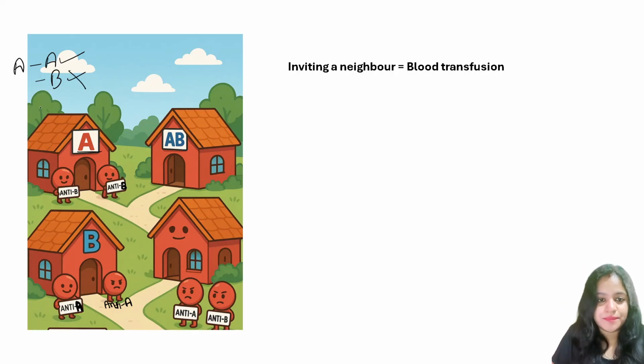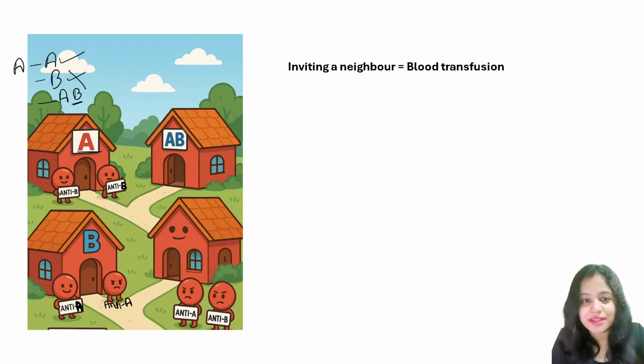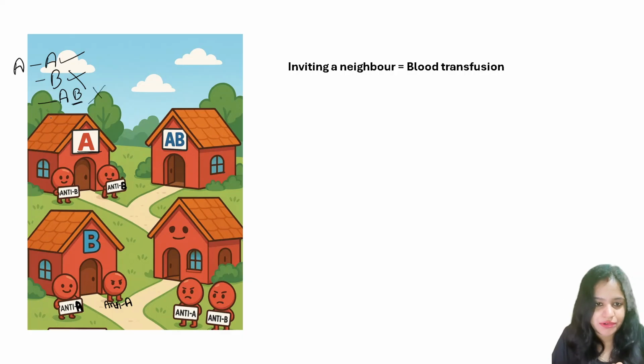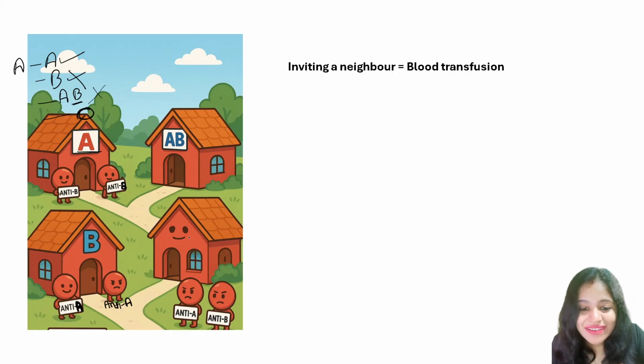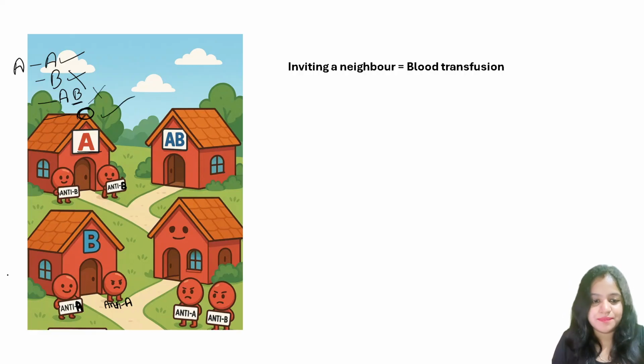They cannot come. Can AB come? No. Why? Because B antigen is there and we have anti-B antibody. Not a good idea. Can O come? Yes, O can come. O doesn't have any nameplate. It doesn't have any antigen. So nobody is guarding. Nobody has a guard for checking the O blood group. So O can come happily.